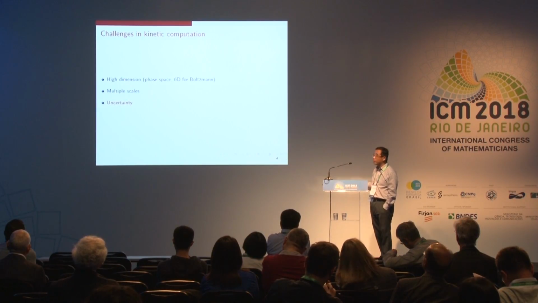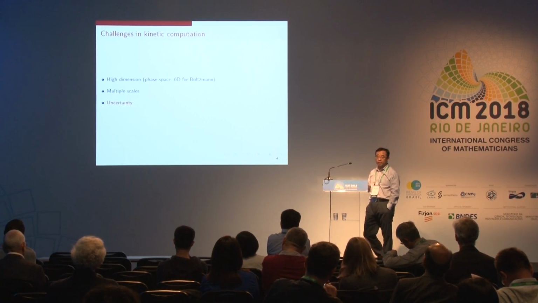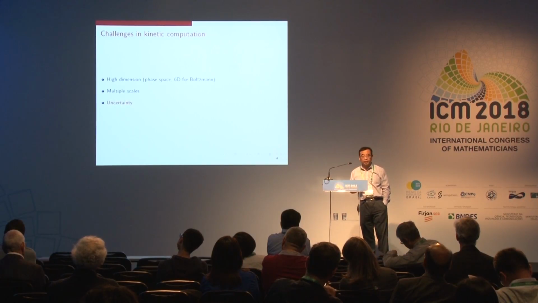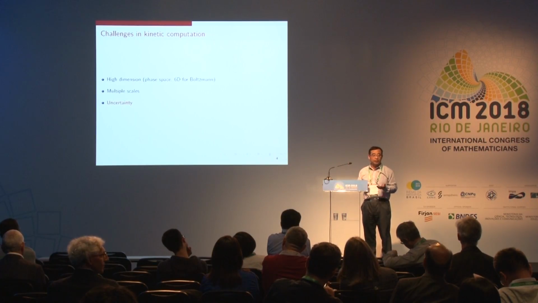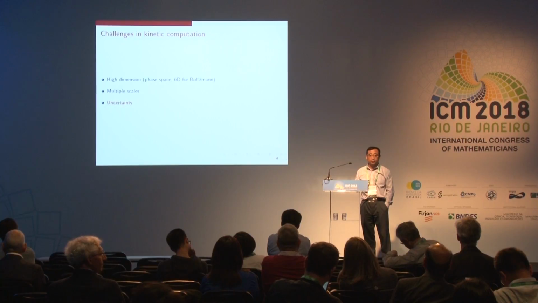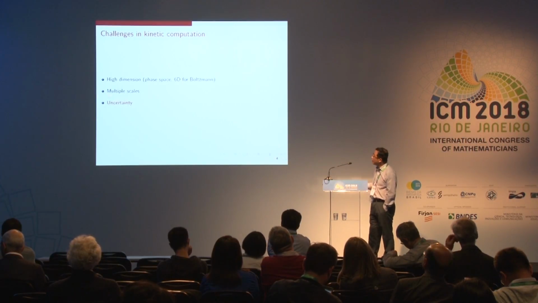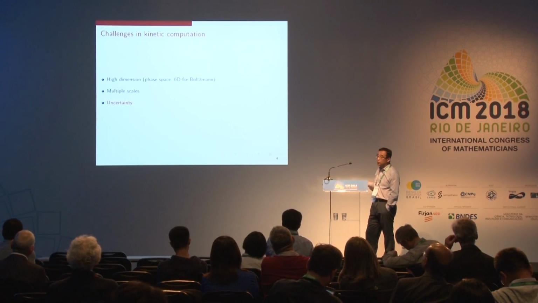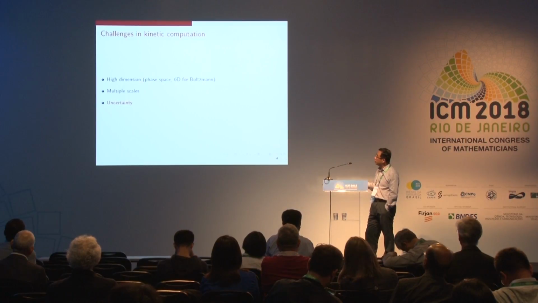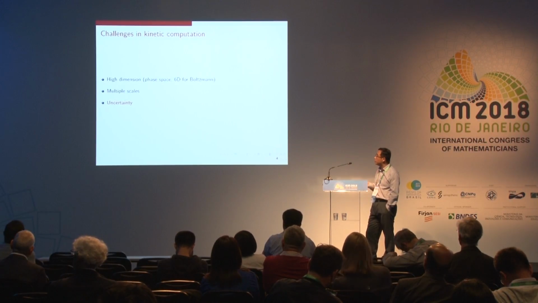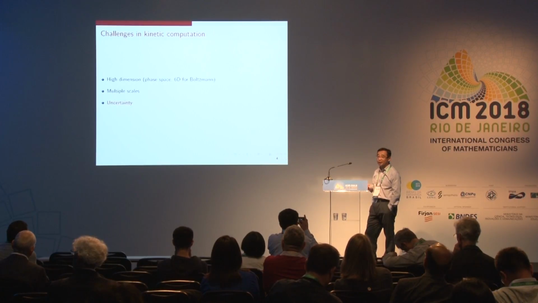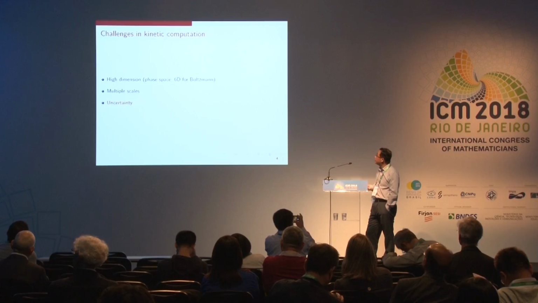And there are also multiple scales, because typically the Knudsen number can change over several orders of magnitude in one computational domain. But these two are classical, well known, and there has been a lot of work. The third one is what I call uncertainty, which is a sort of unexplored area. I don't know why, but that is the fact.